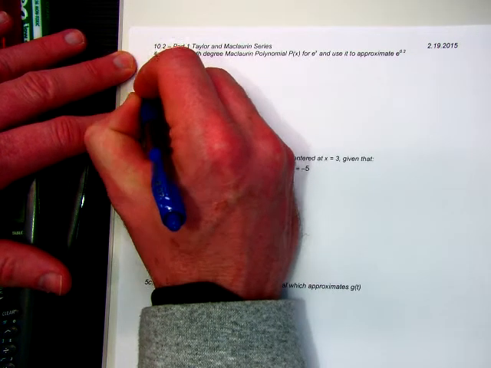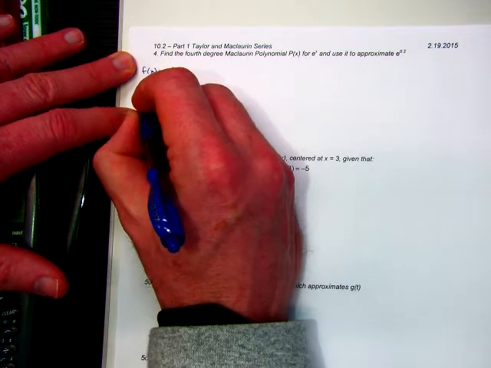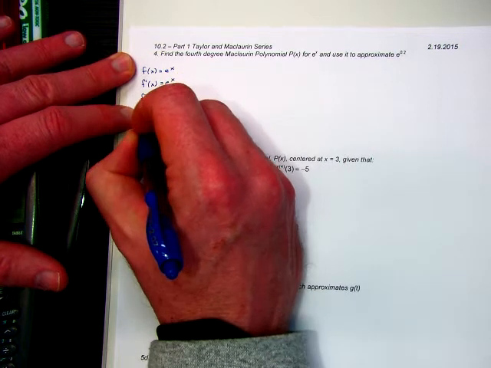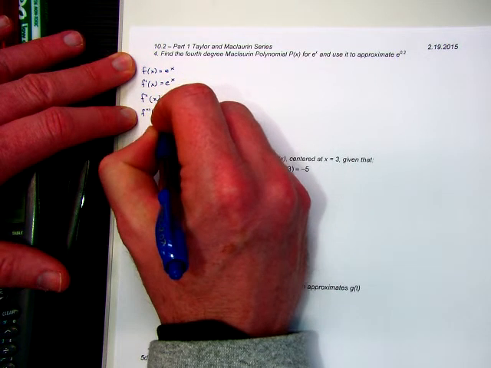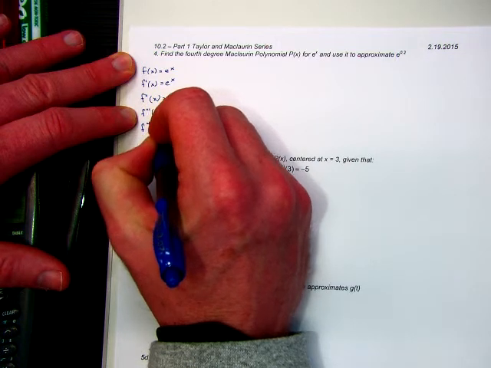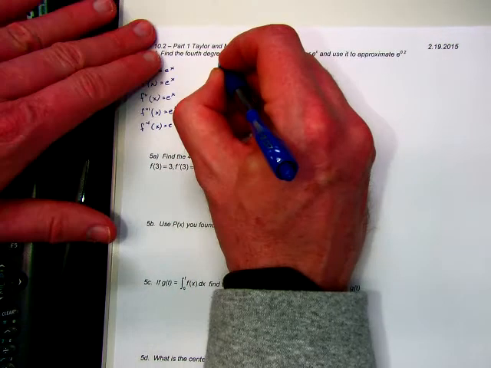Well, the nice thing about this one is each derivative is the same. All right, so I need to do one more. Okay, and since it's Maclaurin, that's when c is 0.